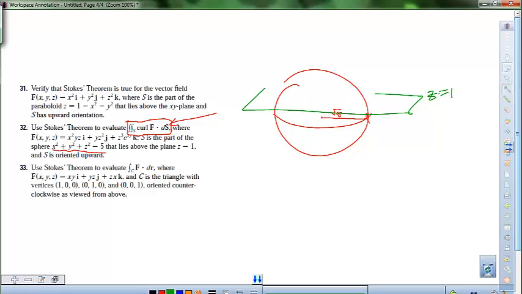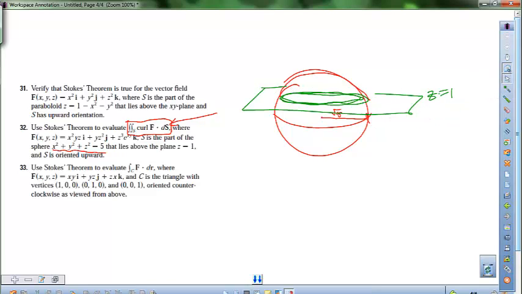And so what we have left here is part of the sphere that's been cut off over here. And so this is going to be your boundary. So you're going to trade in the flux integral for a line integral over this boundary.